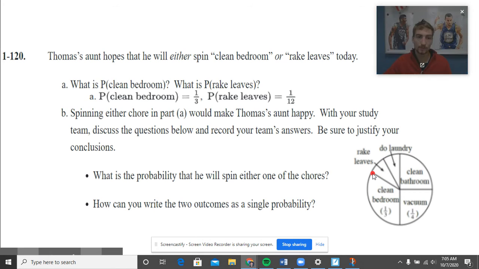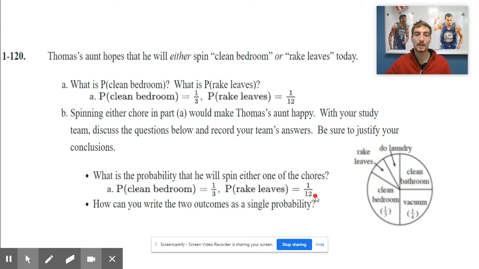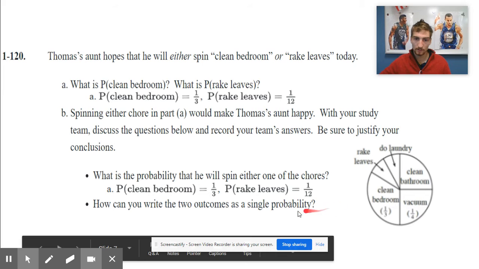And so if the probability that we will either be landing on bedroom is 1/3, and the probability of landing on raking leaves is 1/12, then how could we write the two outcomes as one single probability? Okay, so how could we add these two outcomes together and come up with a single probability? Go ahead and try it.